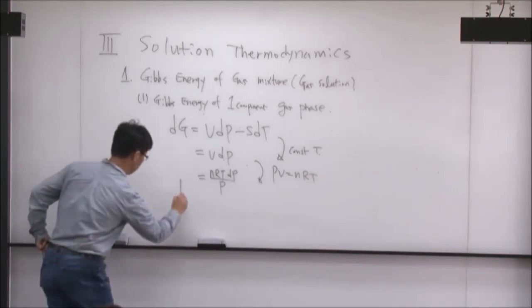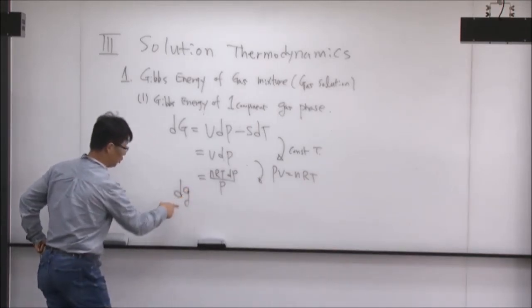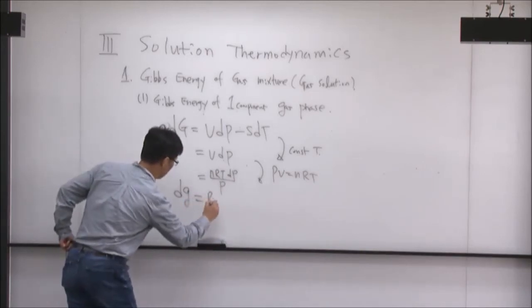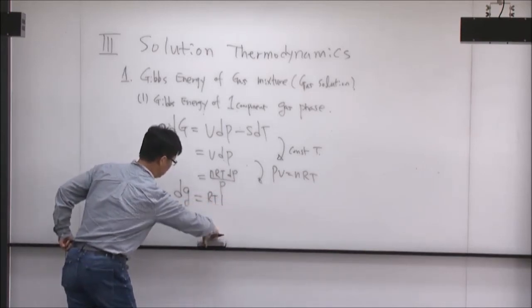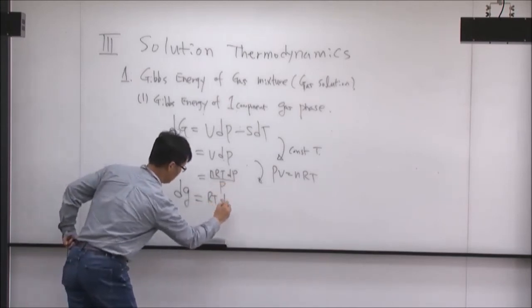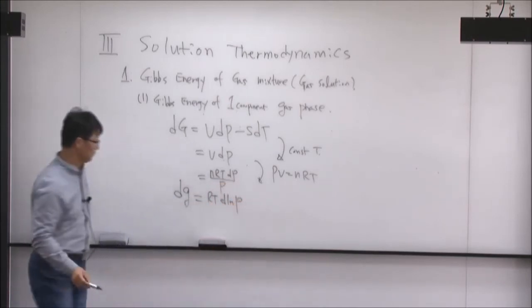Then dg, with small g as the molar Gibbs energy change, equals RT dP over P, which equals RT d ln P. Is it okay?